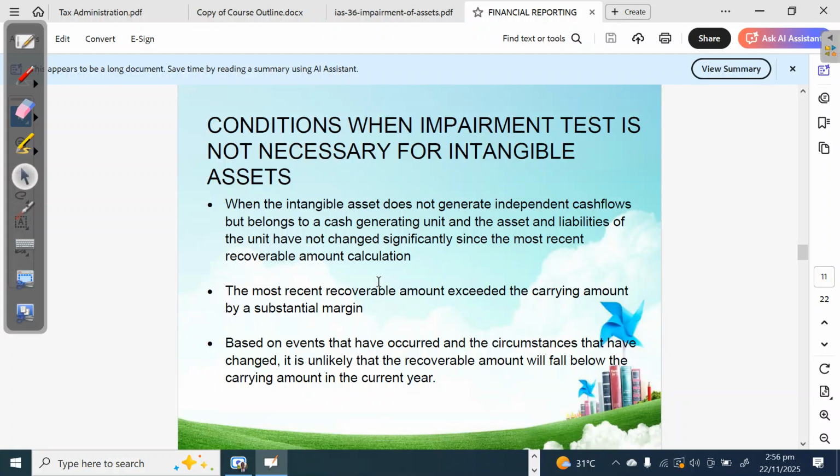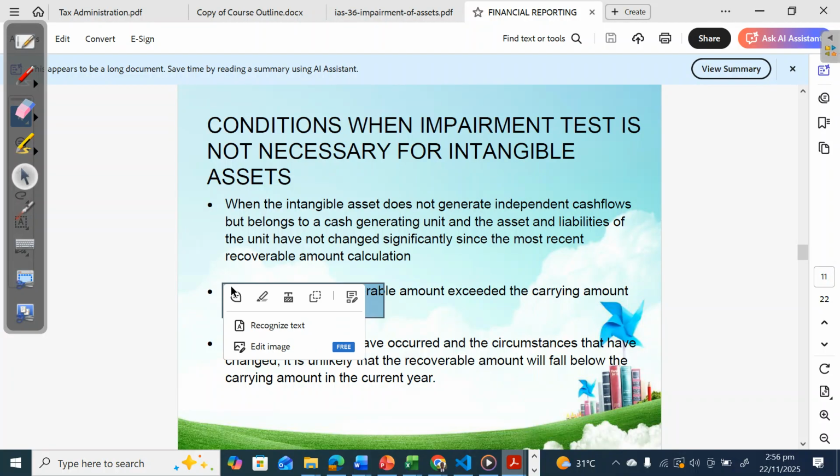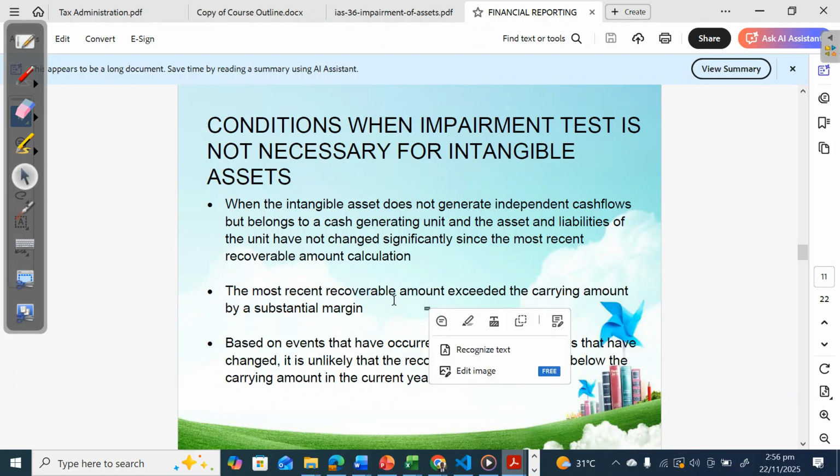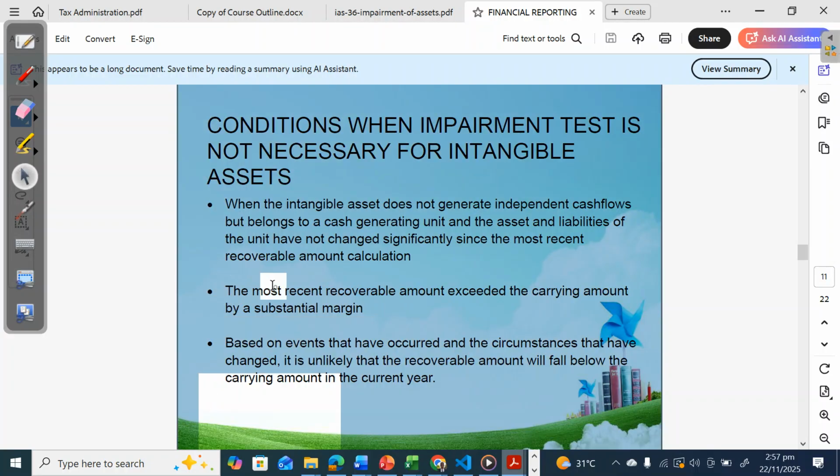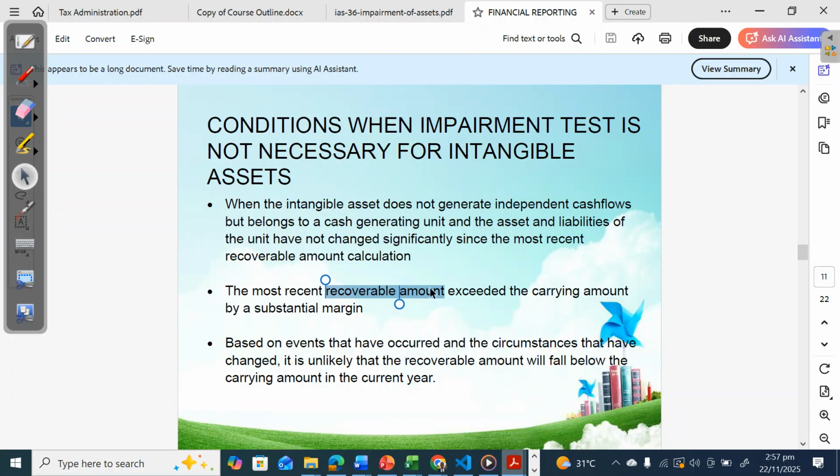Number two, the most recent recoverable amount exceeded the current amount by a substantial margin. So if you have recently done an impairment test and you notice that the recoverable amount is far higher than the current amount, it means there's no impairment because the recoverable amount is higher.